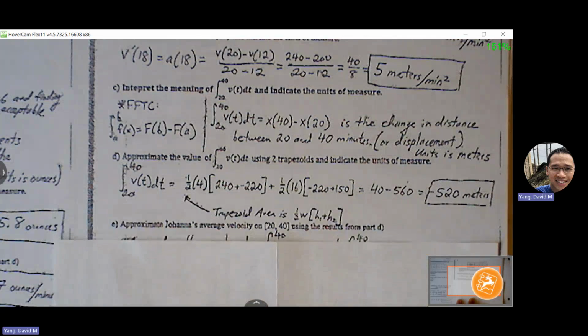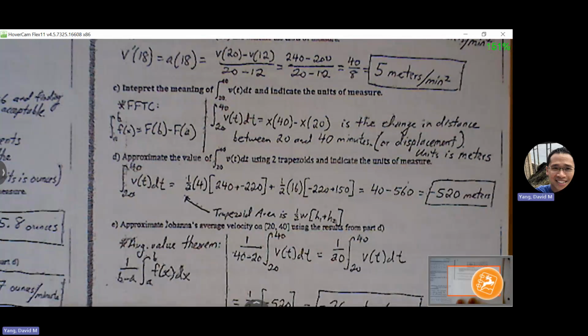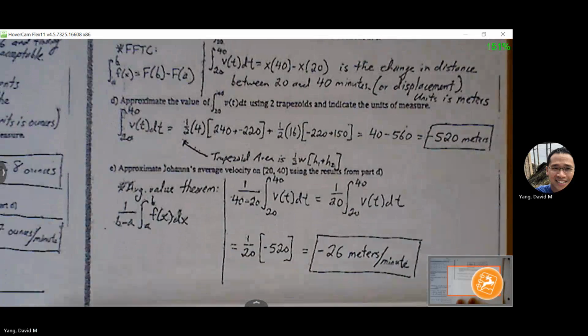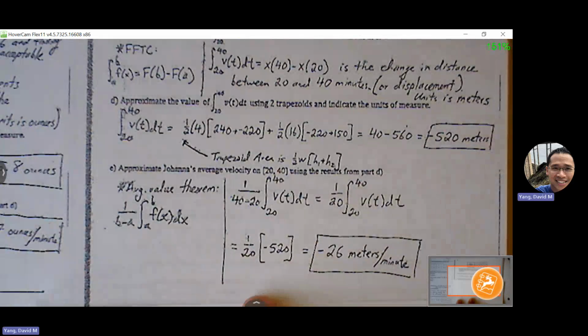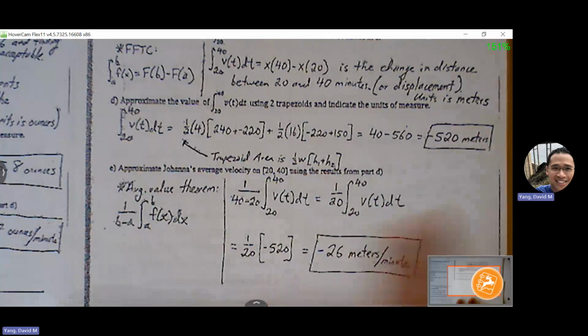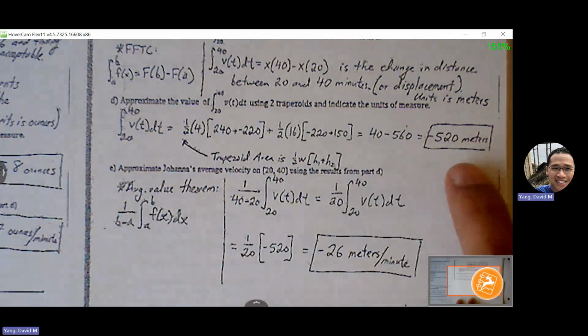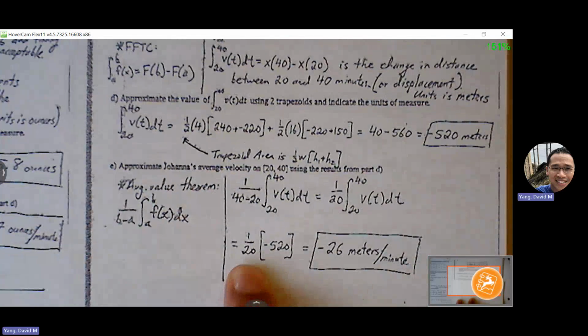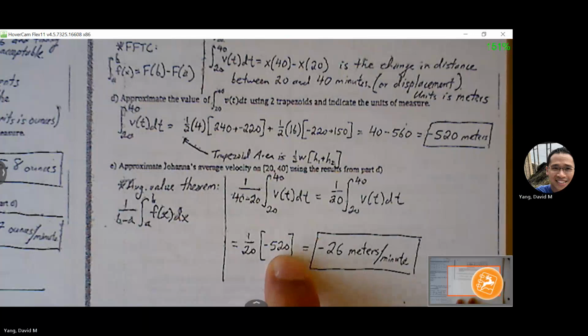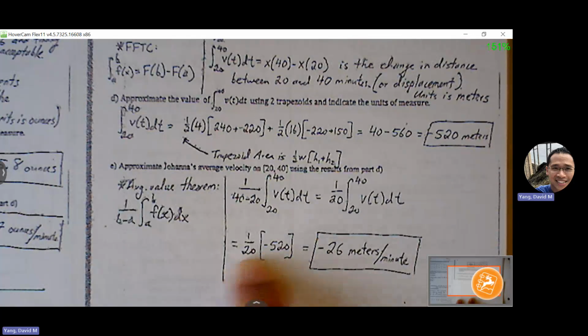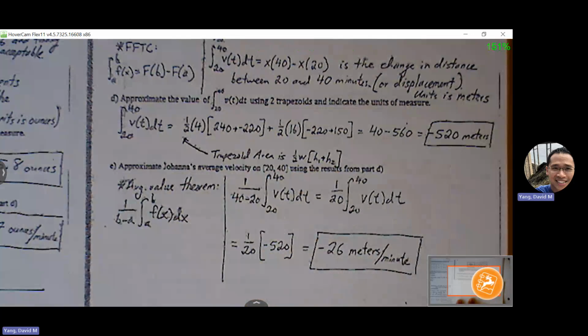And then average velocity from 20 to 40, using our number from part D, we just do 1 over B minus A. So this is the total accumulation over the 20 minutes divided by our time. She traveled 520 meters backtracking, divided by 20. That means she's making progress of 26 meters per minute to the left, or back where she was coming from.